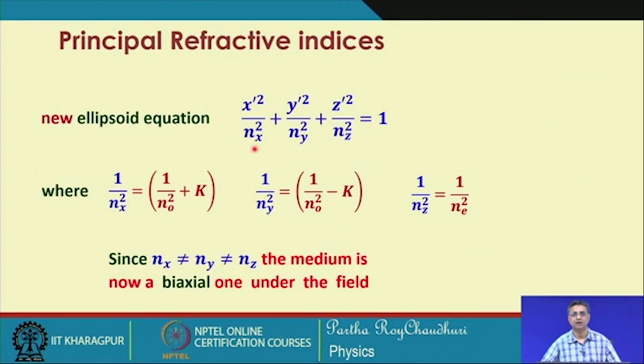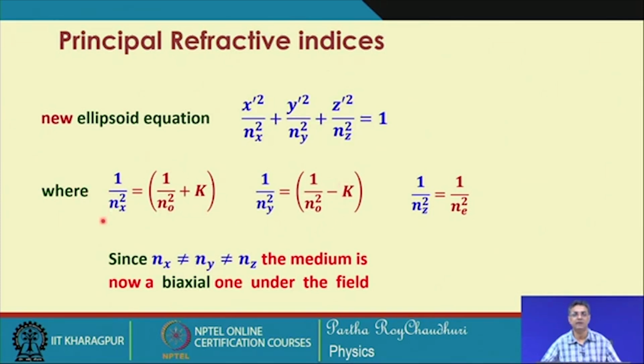So, that means, under Euler angle rotation we have been able to bring the ellipsoid back into the principal axis system, and we have used that n x square is equal to 1 upon n o square plus k, and similarly n y square equal to this.